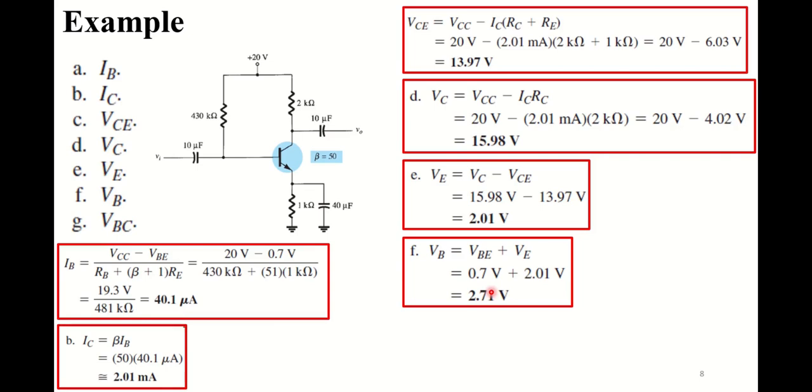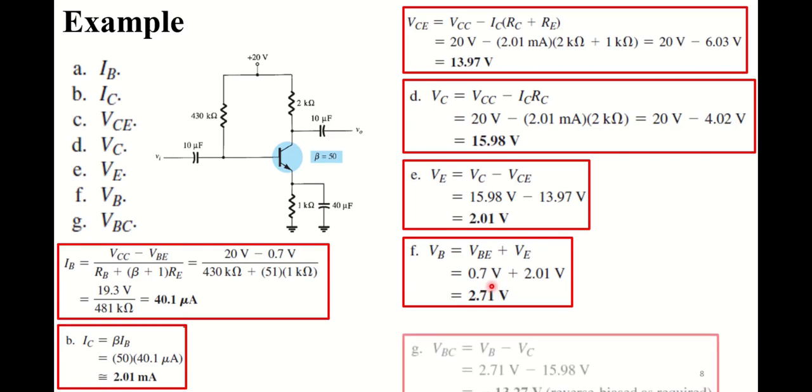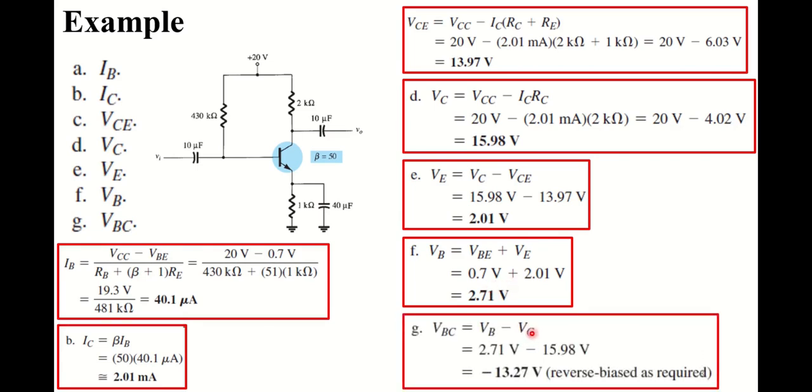Therefore, VBC can be found by using the equation VBC is equal to VB minus VC. This gives us the value of base collector voltage to be equal to 2.71 volts. Rather, I mistakenly said that 2.71 volt is the voltage at the base. This value of VBC gives us minus 13.27 volts.